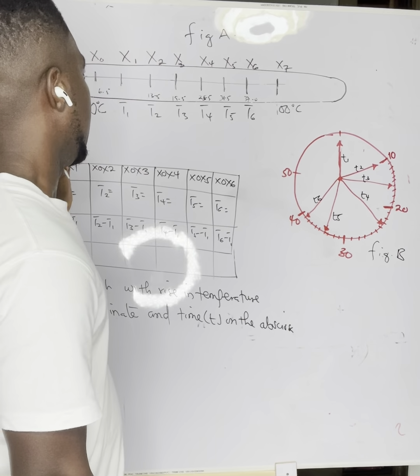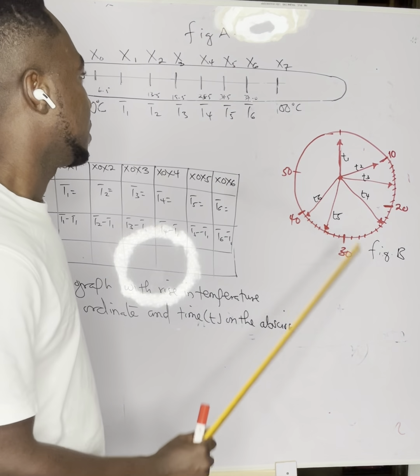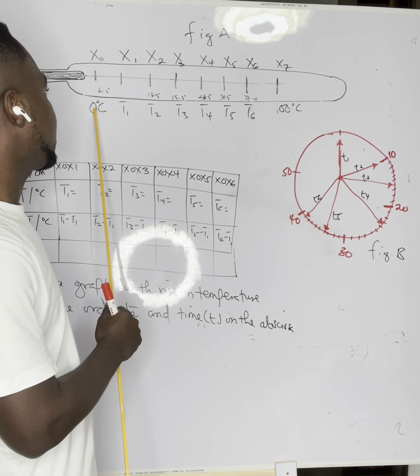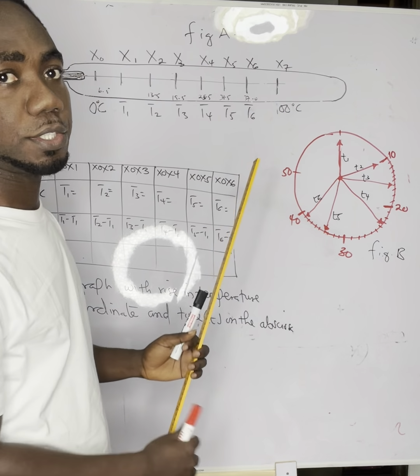As you can see on the board, we have a liquid-in-glass thermometer, which has a lower fixed point of 0 degrees Celsius and an upper fixed point of 100 degrees Celsius.